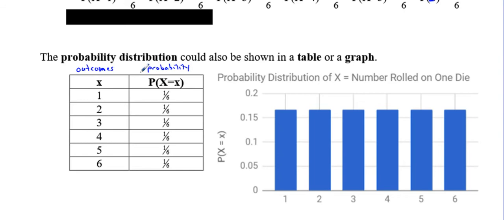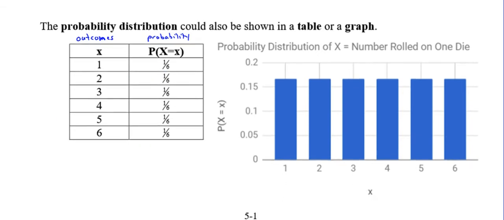Make sure you're titling each column properly. So this is little x, so the outcomes are 1 through 6. And the probability that the number rolled is each of the values of little x. If little x is 1, the probability is 1 over 6. If little x is 2, the probability is 1 over 6. In this case, they're all 1 over 6.